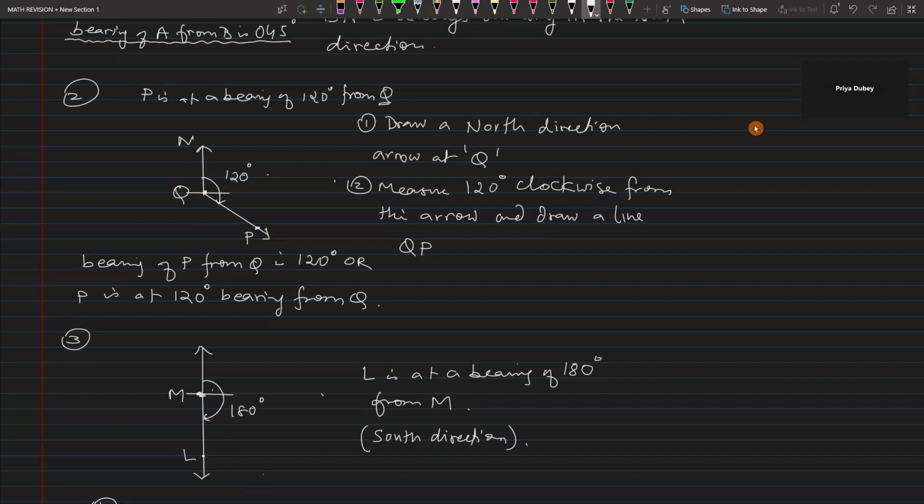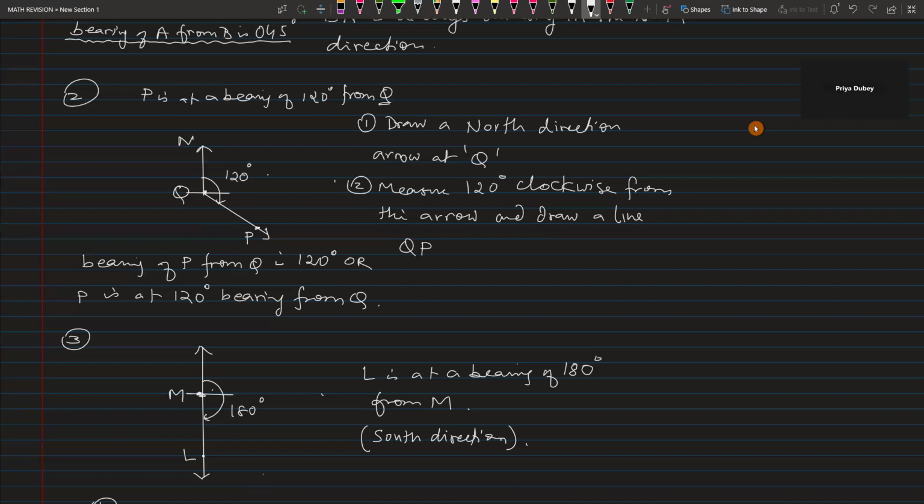Okay. Now, if they give you more information that the distance of P from the Q, or the distance between these 2 points P and Q is certain X meter or X centimeter, whatever, if that is given, then you have to measure that distance, okay, of course, according to the scale, and put a point at exactly that point only. P you cannot put anywhere.